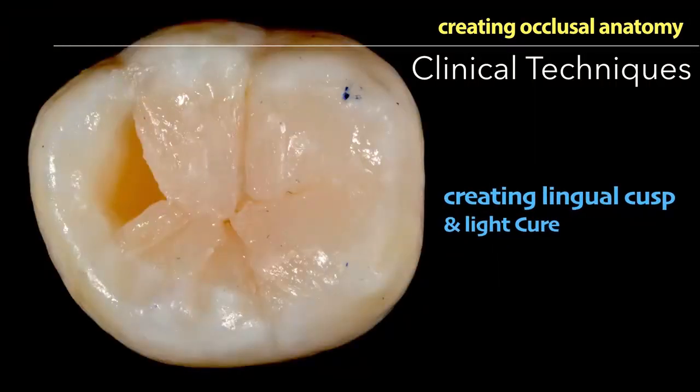Then the next are the mesiolingual and distolingual. Both cusps can be modeled at the same time, but that's only possible if you have a grip on it. For beginners, do it stepwise. Then you cure it. Obviously, every increment needs at least a 20-second cure with your light cure machine.